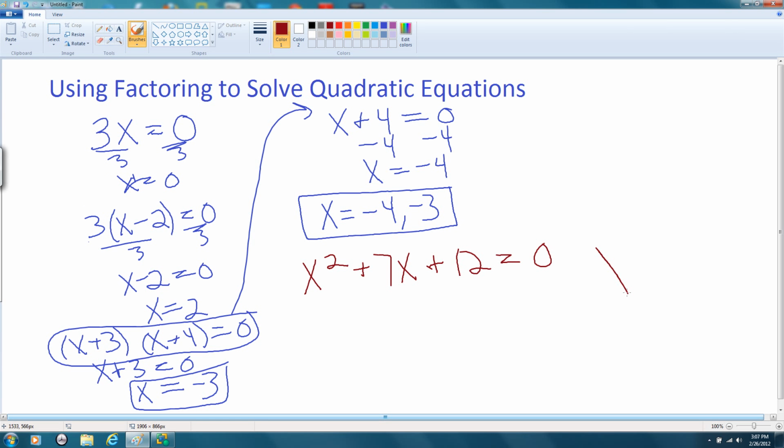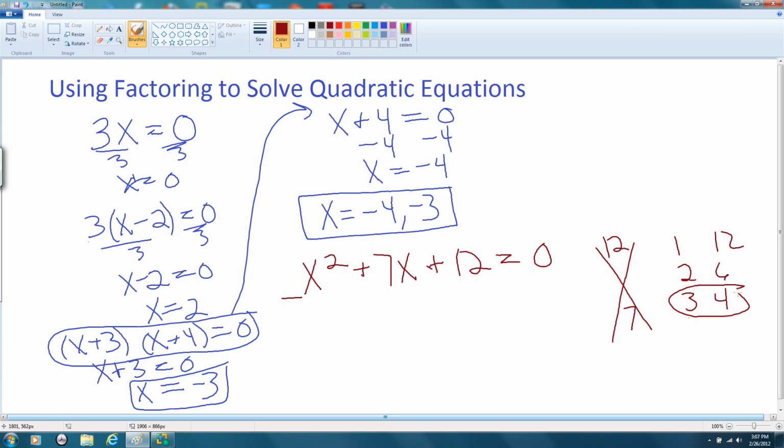So remember how we factor. These are pretty simple, where the coefficient of x squared is 1. So we know that the product needs to be 12, and the sum needs to be 7. Our possibilities are 1 and 12, no. 2 and 6, no. 3 and 4, 3 times 4 is equal to 12, 3 plus 4 is equal to 7. So that's it.